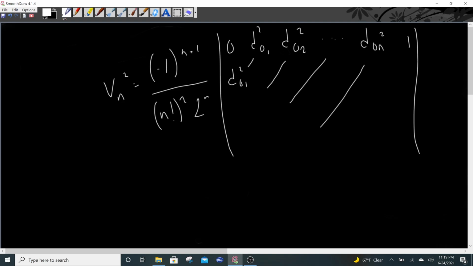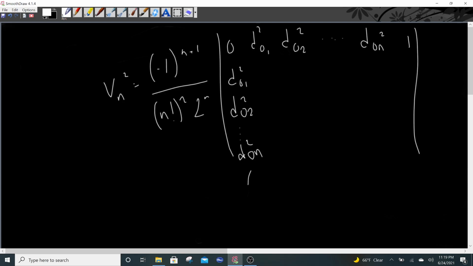That's the general pattern of our matrix. Along this column, it would be d02 squared, and then it goes down until you get to d0n squared again, and then the column ends at 1.